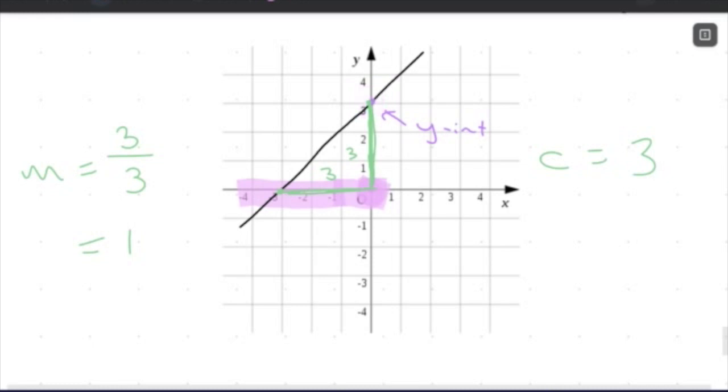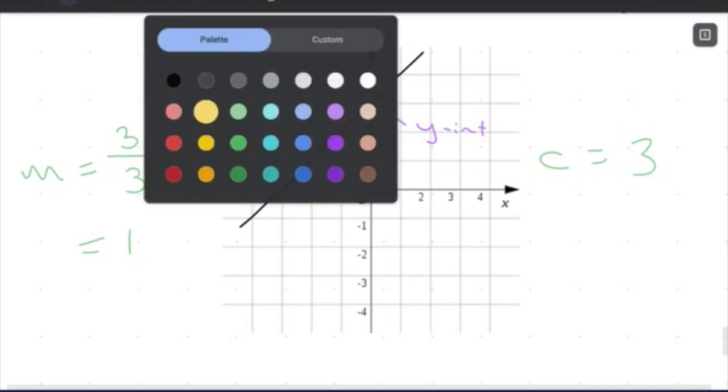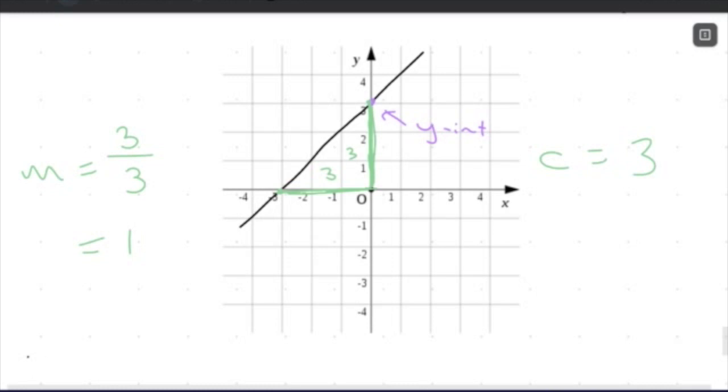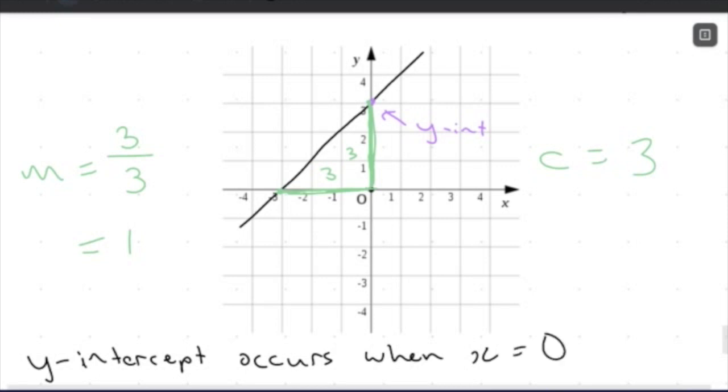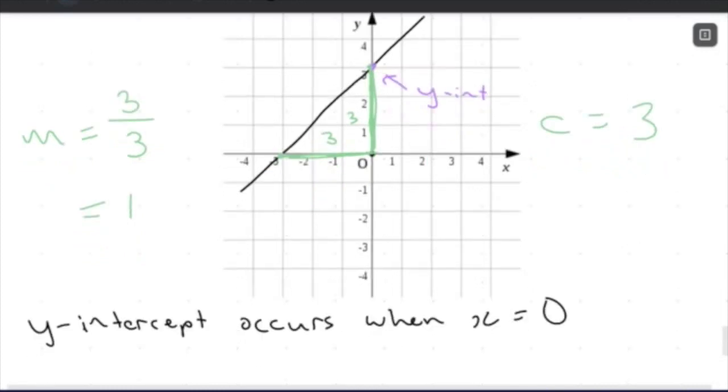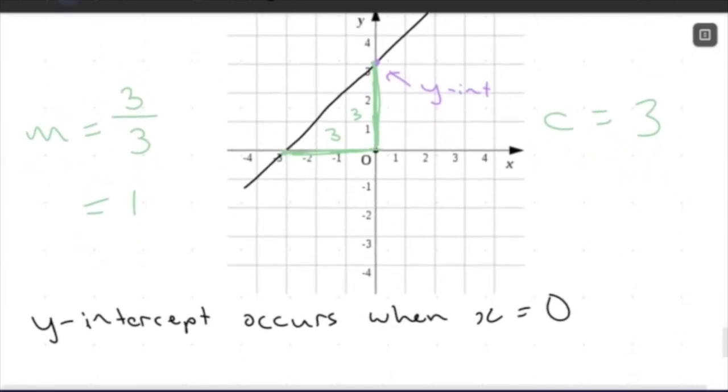So we can say actually that the y-intercept occurs when x equals 0. And that's a pretty important point here.